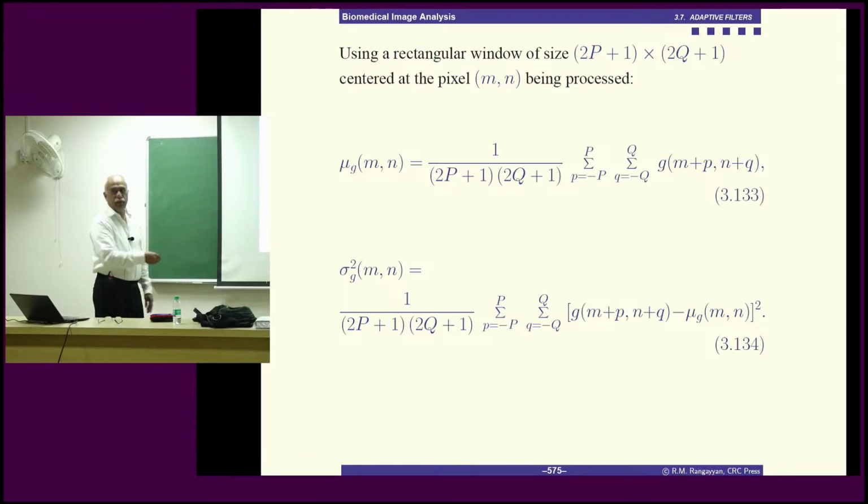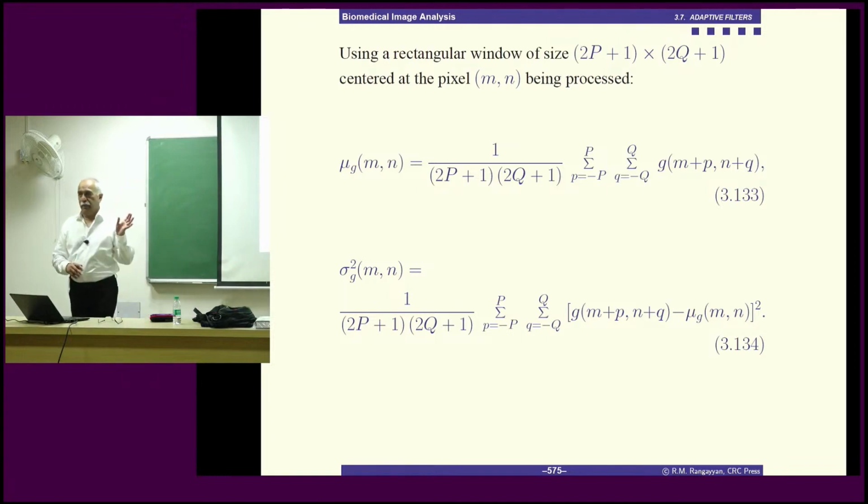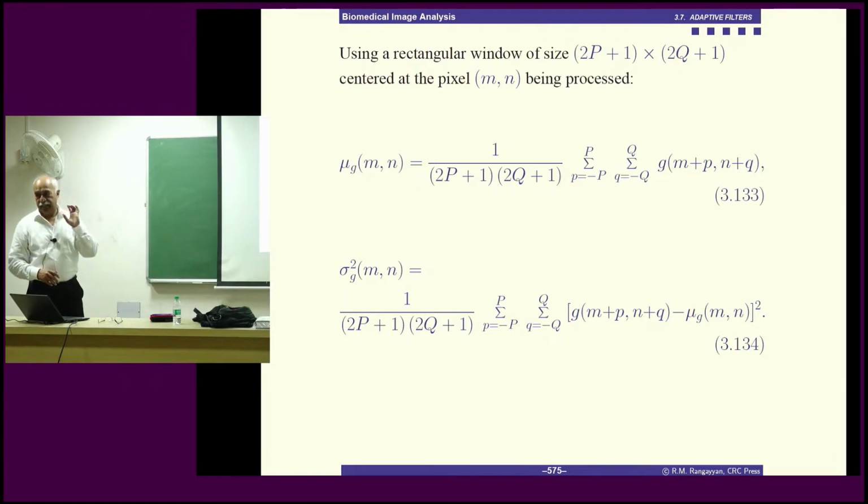Okay, it's a big equation, but it's just averaging of g, the given image, over that window, centered at Mn. So it changes from pixel to pixel. Sigma square g is g minus mu g, squared and averaged. Okay? Local statistics.